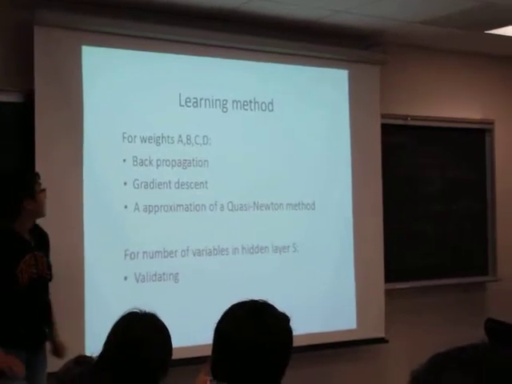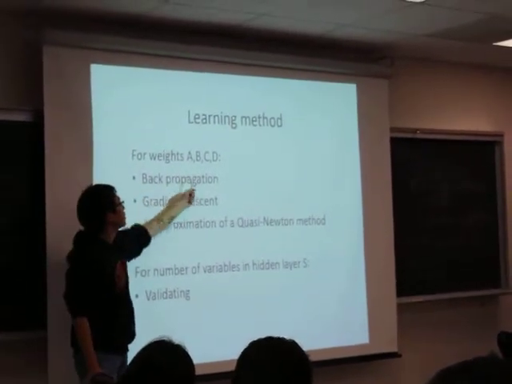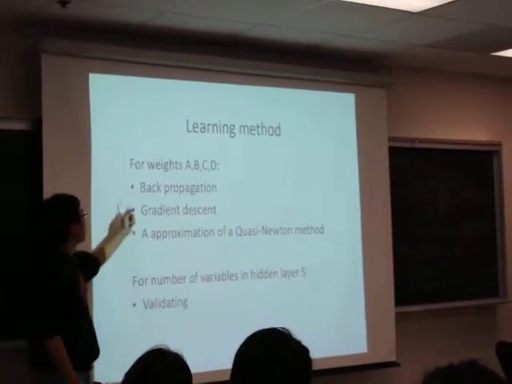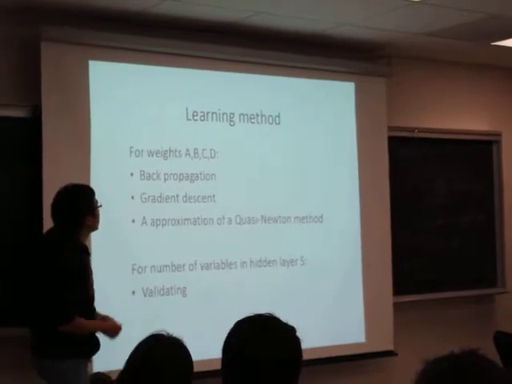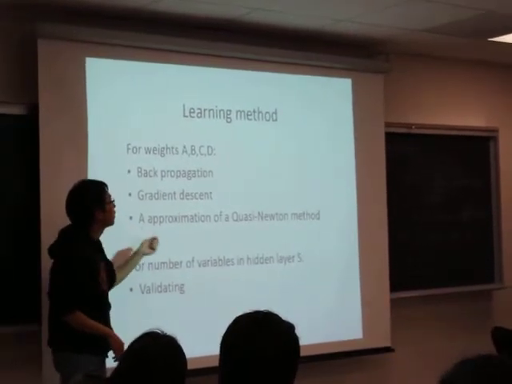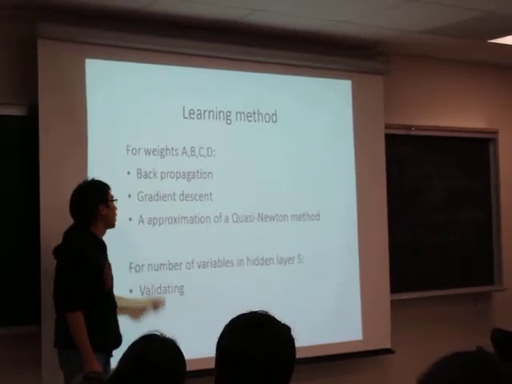The learning method for the weights A, B, C, D is back propagation with gradient descent, and we try to avoid local minima by applying the quasi-Newton method.